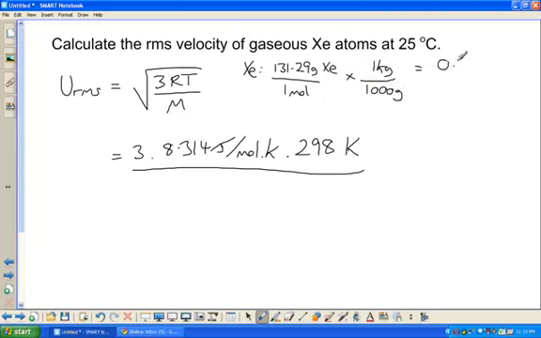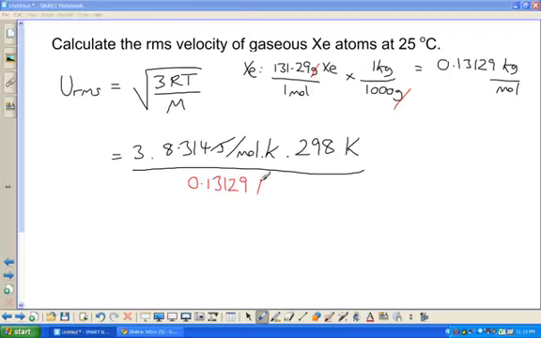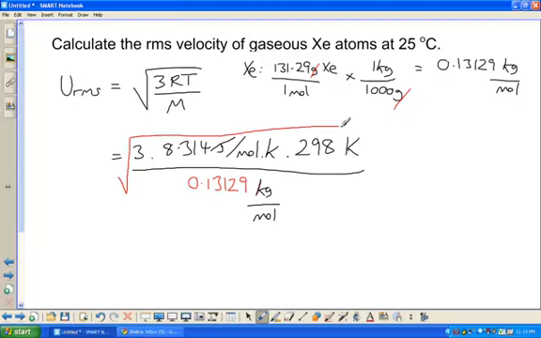What we end up with is 0.13129 kilograms per mole. Our grams cancel out. So what we have on the bottom here is 0.13129 kilograms per mole. And of course I can't forget that I'm taking the square root of all this.